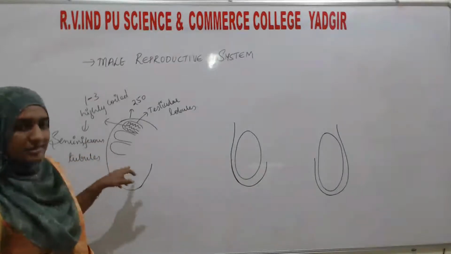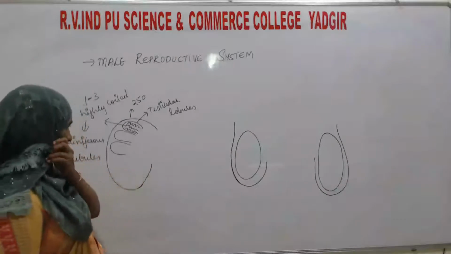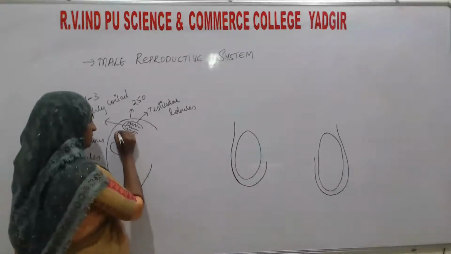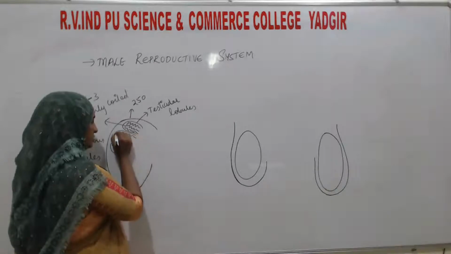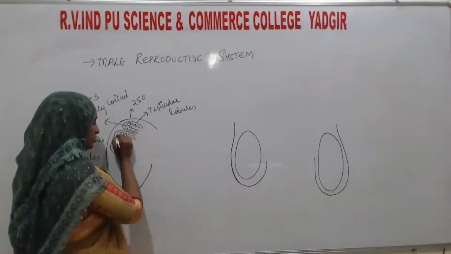What is it? It is the seminiferous tubule. So here you see this testicular lobule, which has seminiferous tubules.